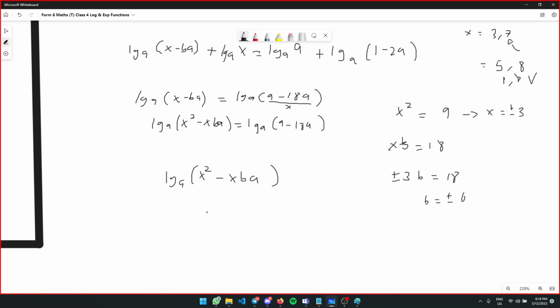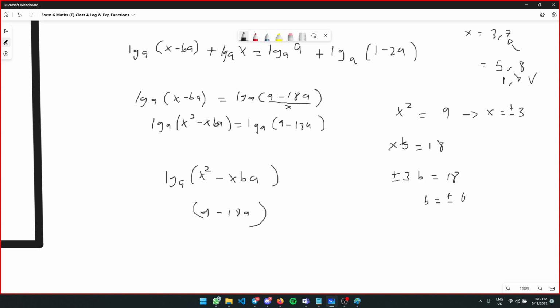That'll be 9 minus negative value. So this is negative 3 and negative 6, which gives you a positive value again, 18. So 18 a.